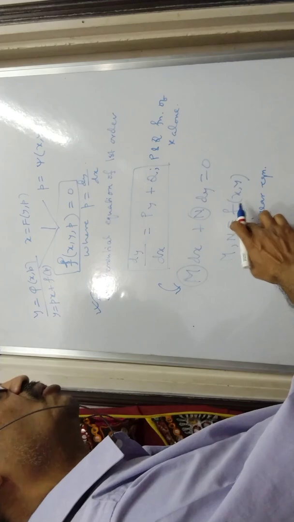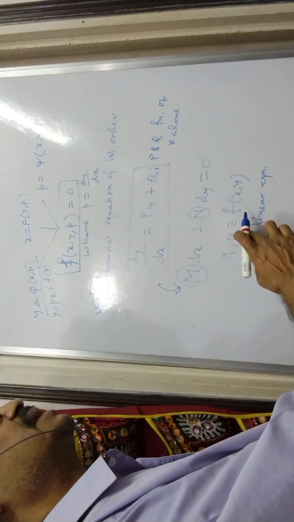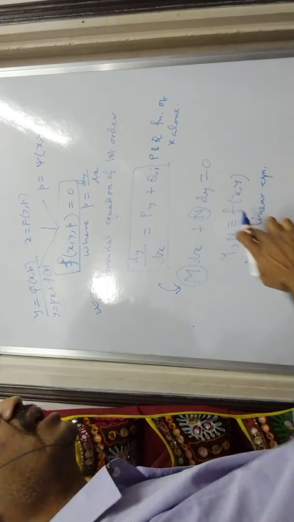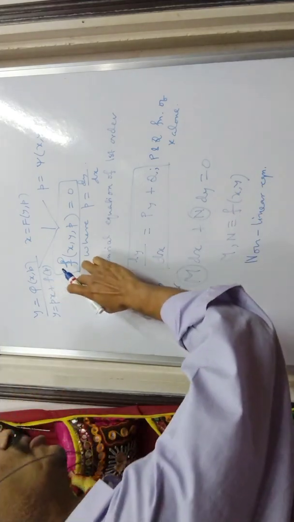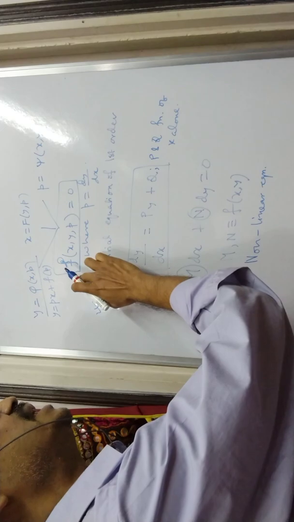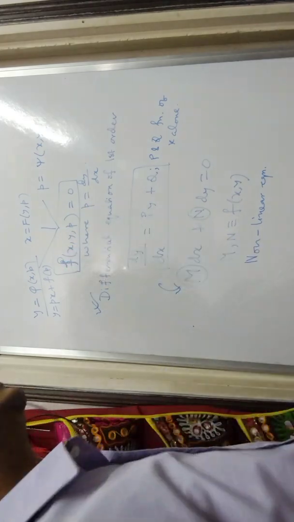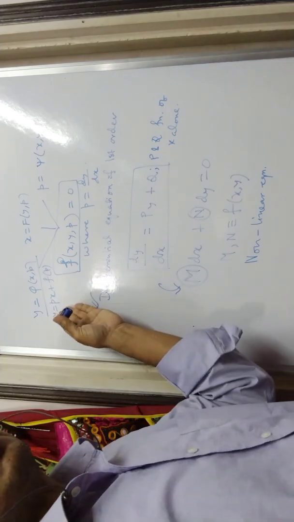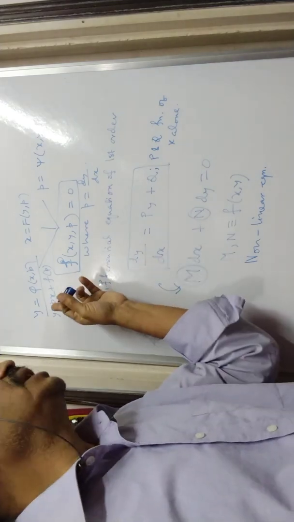But this is also of first degree and first order, but it may be nonlinear, because we may have p square or y square or y cube, these types of terms, which make it nonlinear.